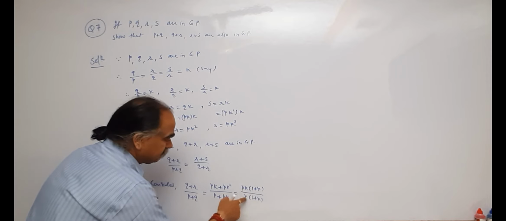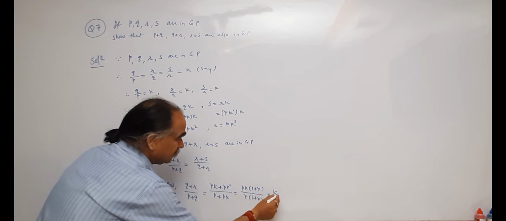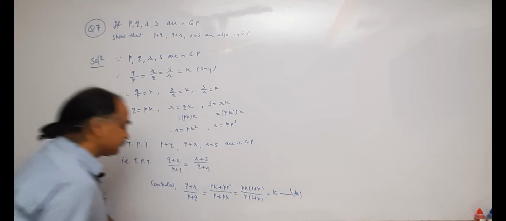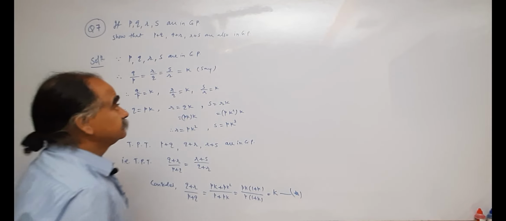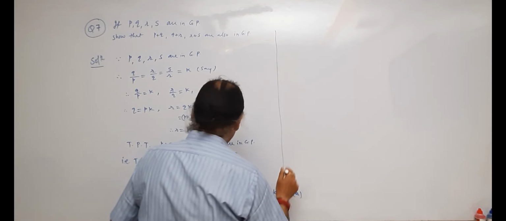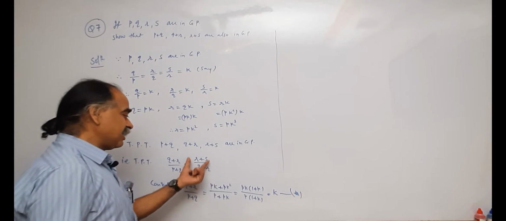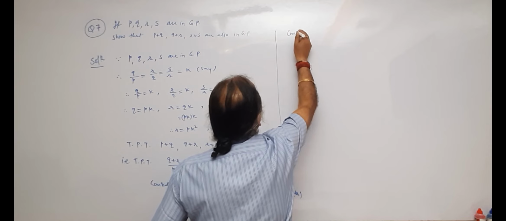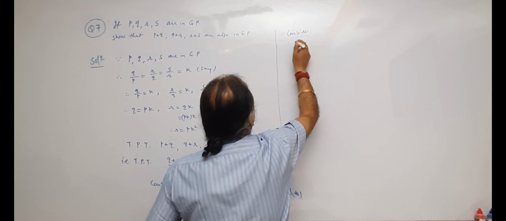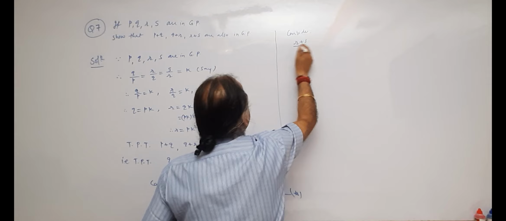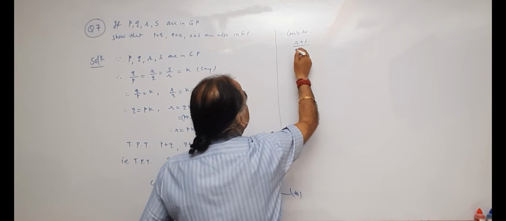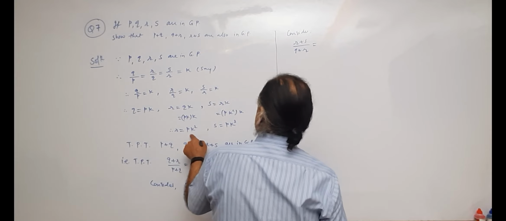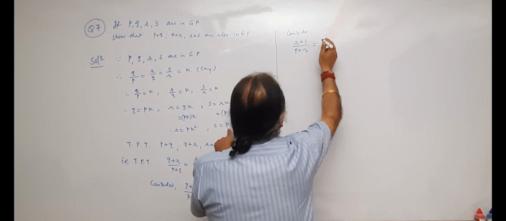Now P and 1 plus K cancel. K is left. Write this as equation star. Now we'll go to R plus S upon Q plus R. Consider R plus S upon Q plus R. R is PK square, S is PK cube.